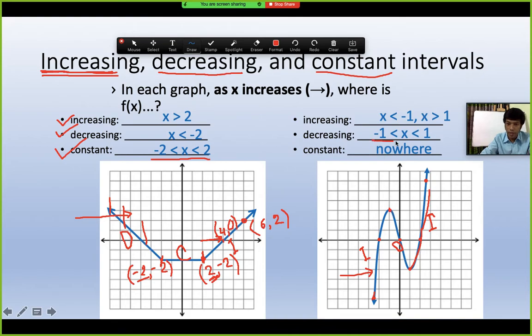Suppose we wanted to discuss this. This is minus 1, then 1. This point is (-1, 3), and this point is (1, -3), and we already decided from this point to this point it is decreasing.